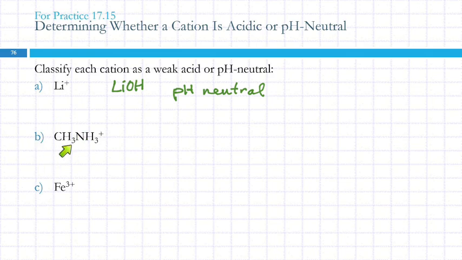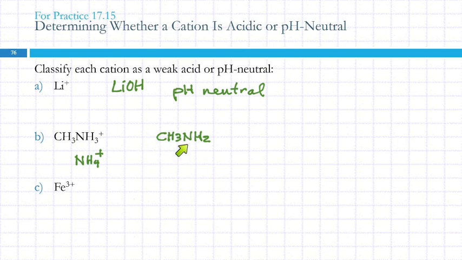Okay, this thing. I don't know who that is. There's a nitrogen in here, and there's hydrogens on the nitrogen, and there's a plus. So this is a lot like NH4+. Let's see what happens when we take a hydrogen off. We're trying to figure out, is this going to act as an acid? Well, it has a hydrogen ion it can donate here. When it donates that, it's going to make this.